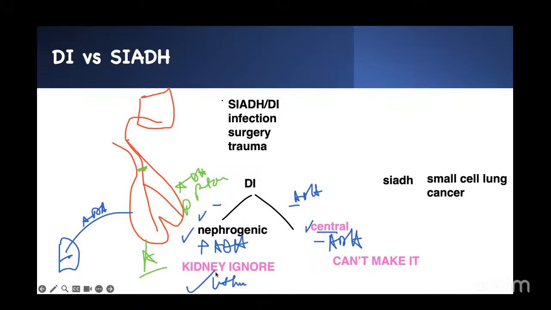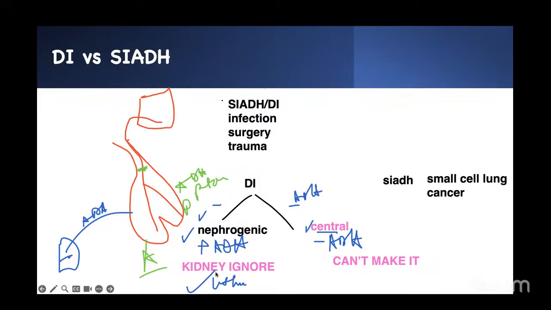Lithium is number one. That's why when you take lithium, we tell you to drink a lot of water, because it makes you lose a lot of water, lose your sodium, you get dehydrated, and you have lithium toxicity. This is the reason why they teach the patient to maintain sodium and hydrate themselves, because lithium causes nephrogenic diabetes insipidus, and you lose a lot of water, and you have lithium toxicity.